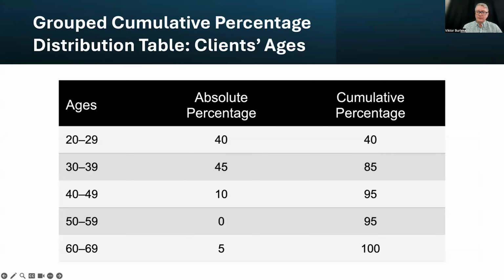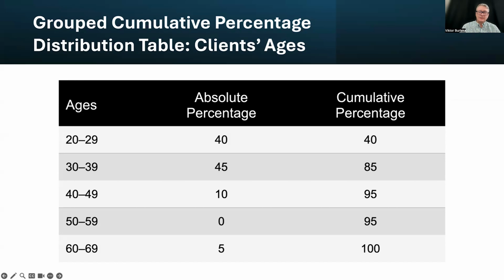In this slide, we're looking at grouped cumulative percentage distributions, which group data into categories before calculating cumulative percentages. For example, instead of looking at individual ages, we can group ages into ranges like 20 to 29, 30 to 39, and so on. This is helpful when we have a lot of data and we want to simplify it into broader categories.